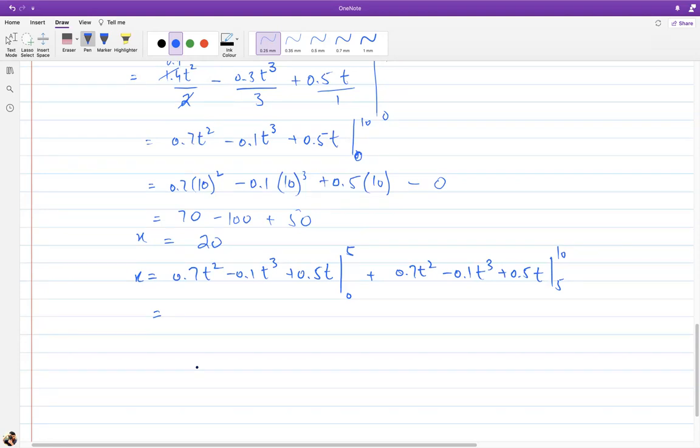So when you apply the limits, I'm going to use a calculator for this. So this part of the journey comes out to be 19.8. Now let's see how it goes for the second part.